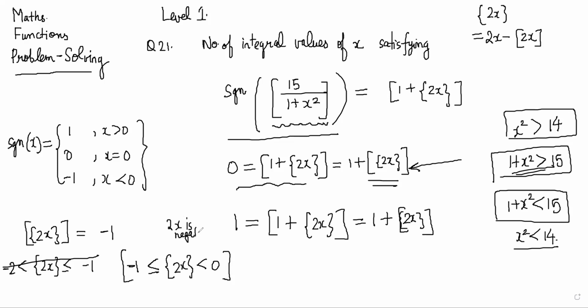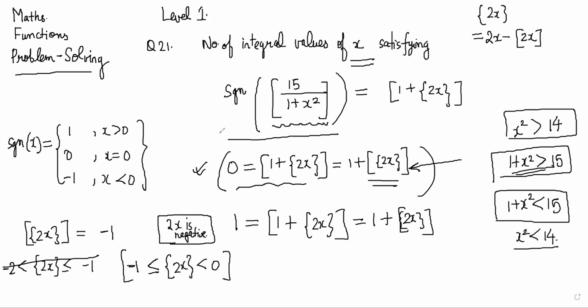2x is negative, and think about this. I feel like there is no case in which this happens, because anyway x has to be an integer, no?